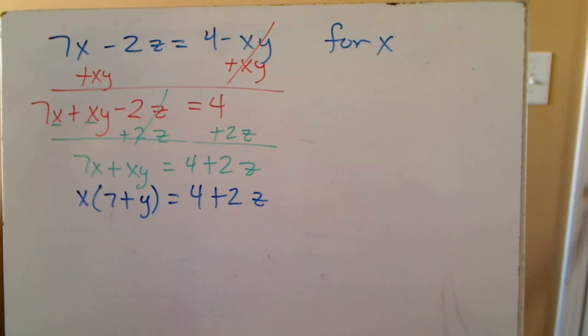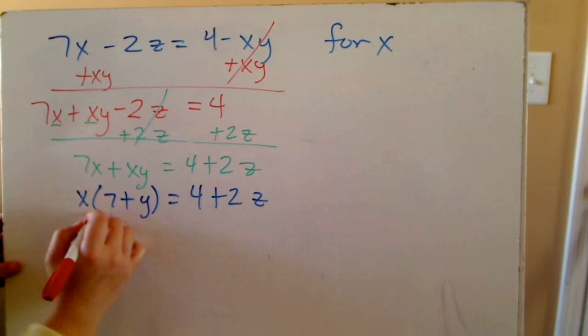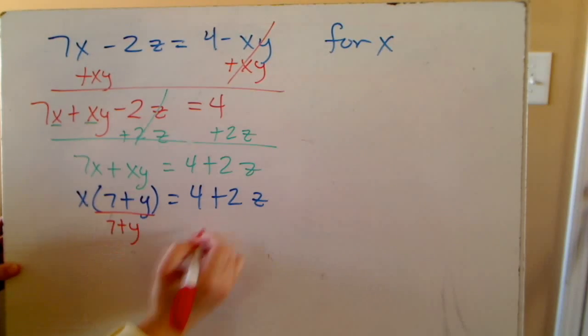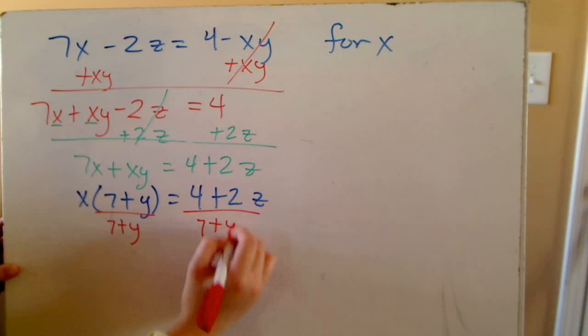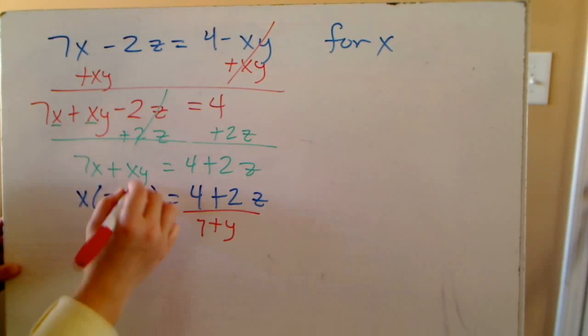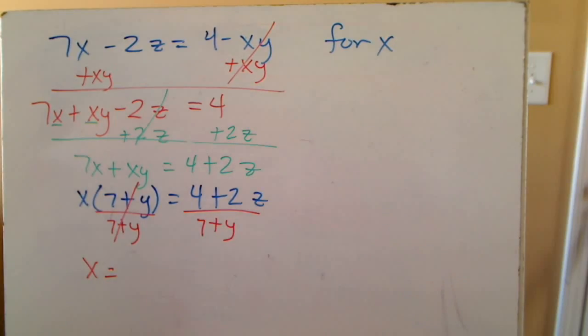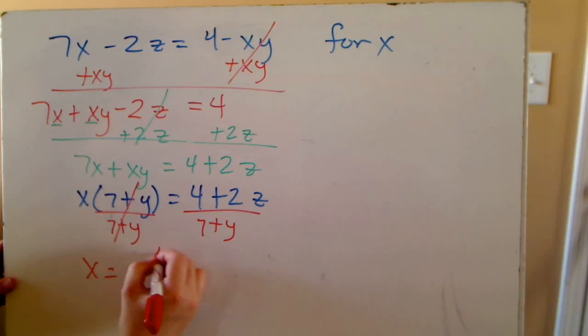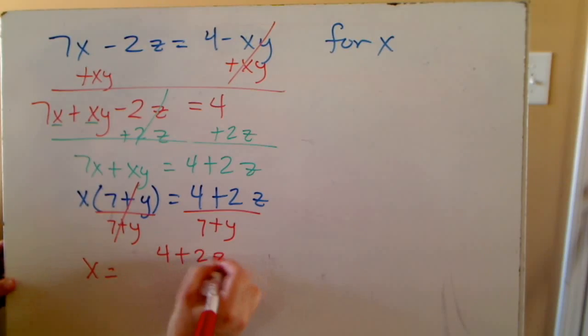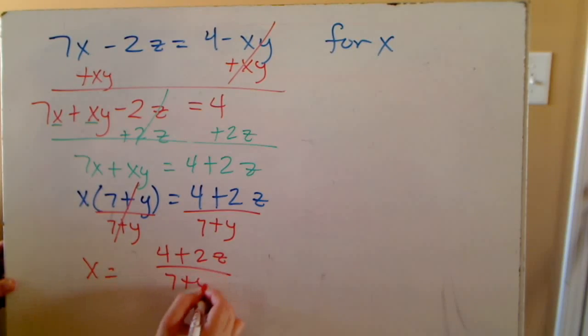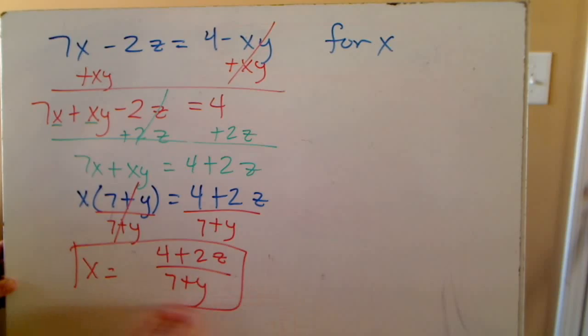So again, this looks a little crazy, but that's what we're going to do. We're going to divide both sides by 7 plus y. So x equals, and then that huge fraction on the other side. And that's our final answer for that problem.